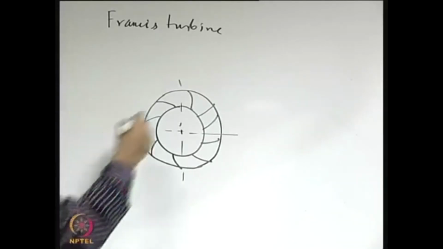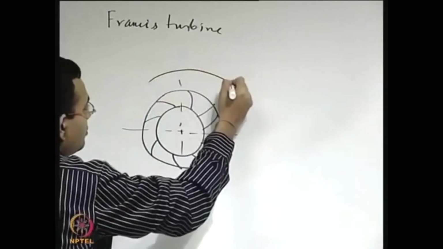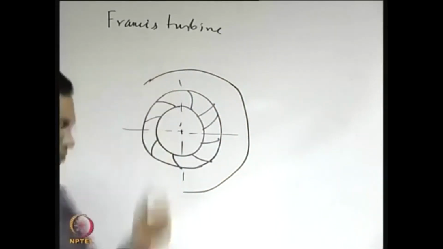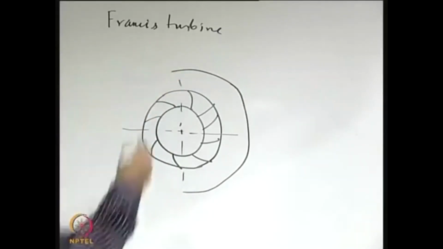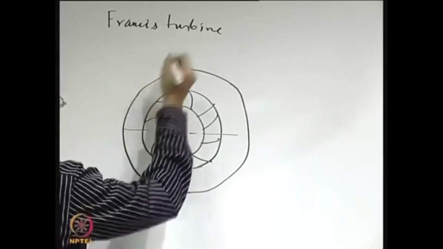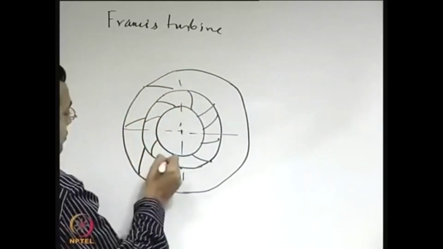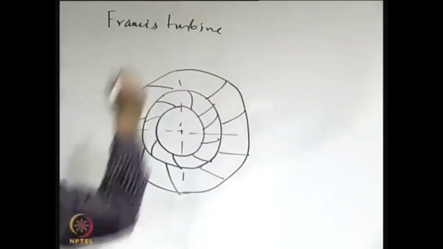So these are rotating blades. We will now on the top of these have some guide blades. Just we are drawing it schematically.